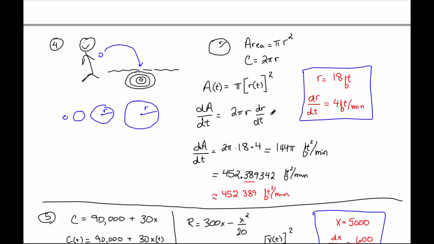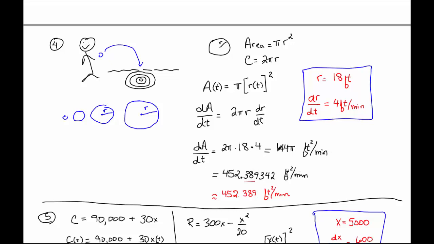All right, so now we were given r is 18 feet. We were given that the radius is increasing at a rate of 4 feet every minute. And so we fill this in, 2 pi times 18 times 4, and I get 144 pi square feet per minute.